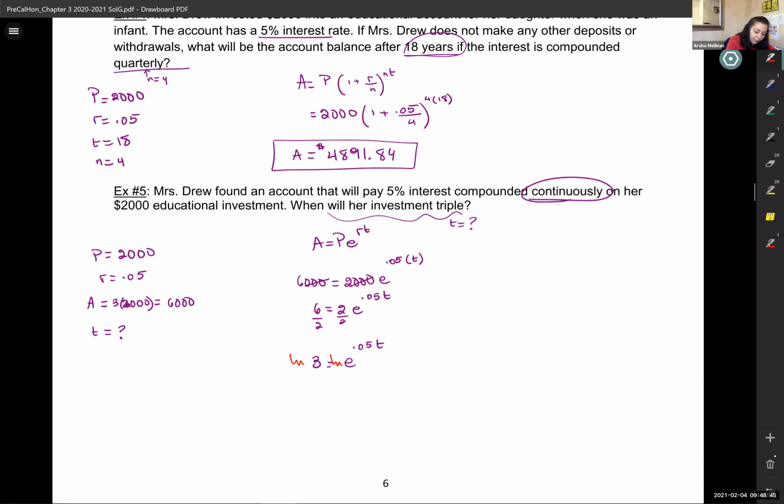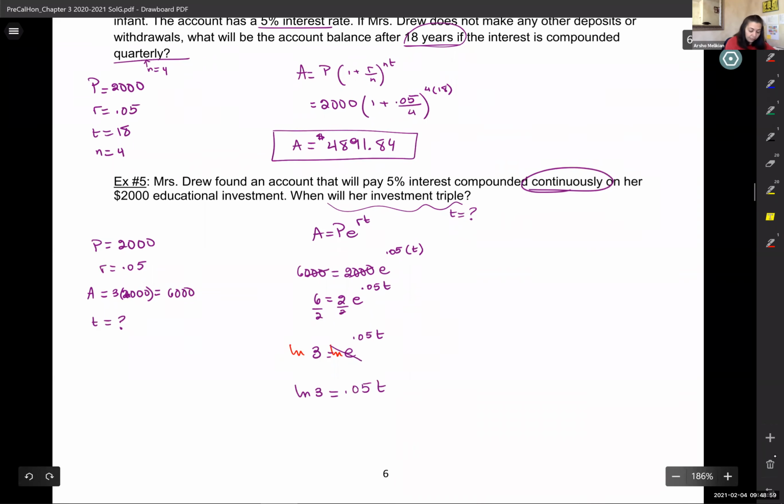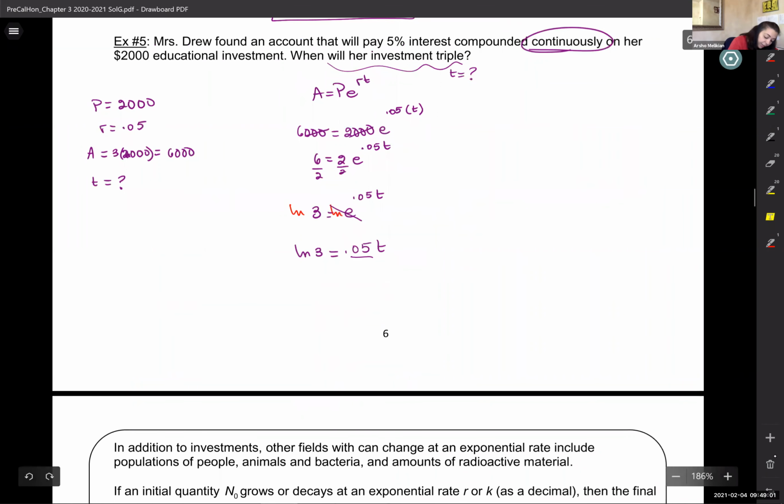So I get ln of 3 is equal to, the ln and e go away, 0.05 t. And now divide both sides by 0.05. So t is ln of 3 over 0.05. Notice I haven't plugged anything into my calculator yet.